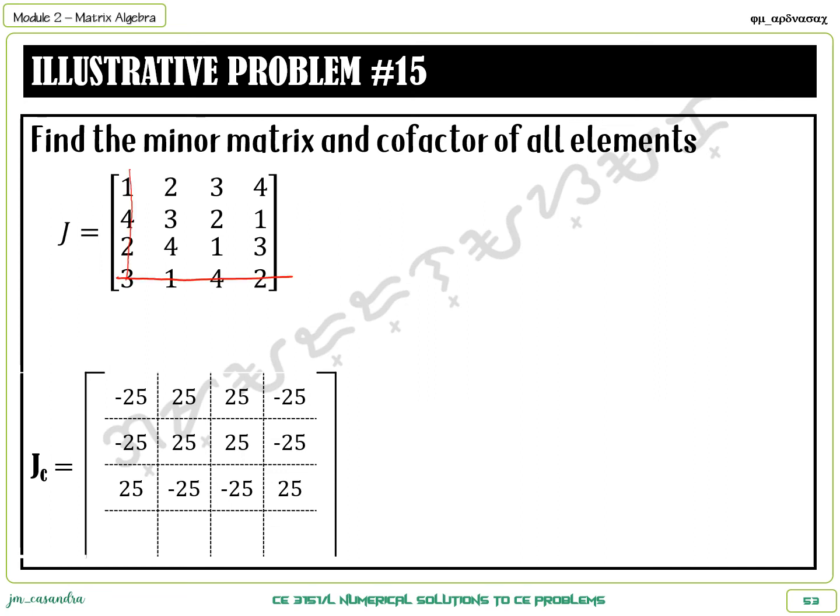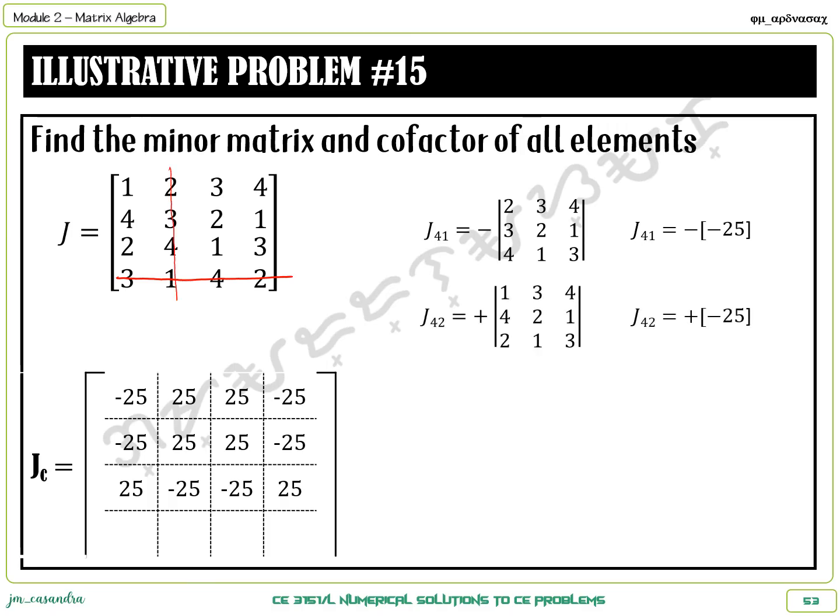Then for our next element, we have 4, 1, which is 25. Then we have 4, 2, negative 25. Next we have this one, 4, 3.